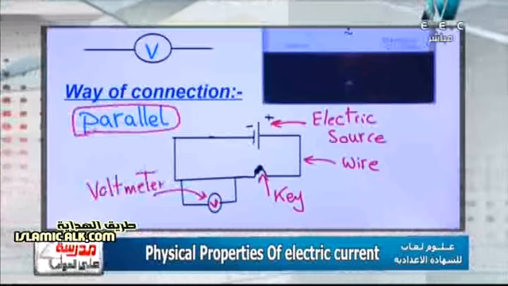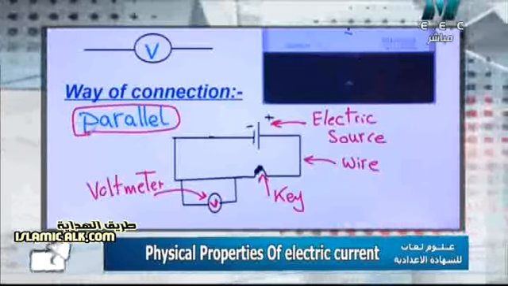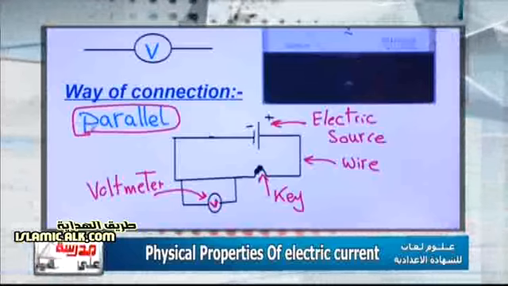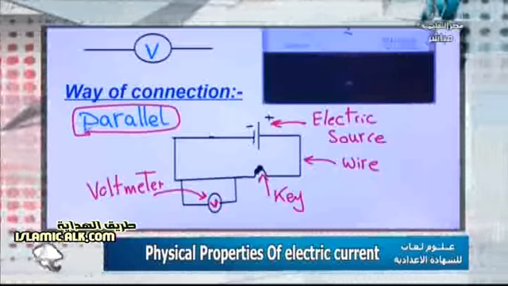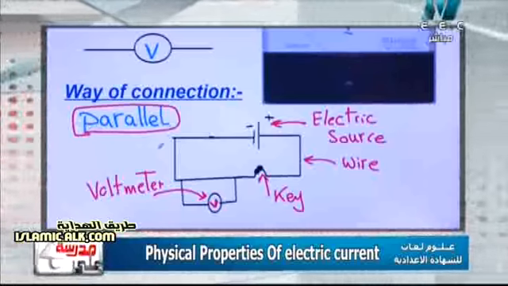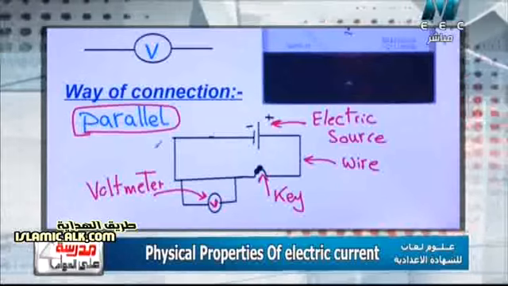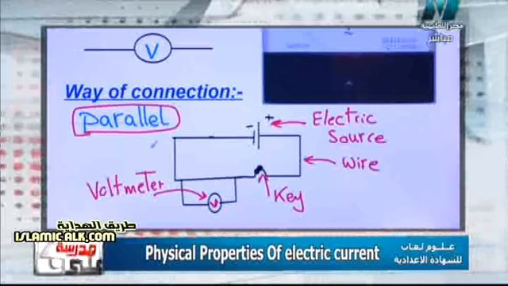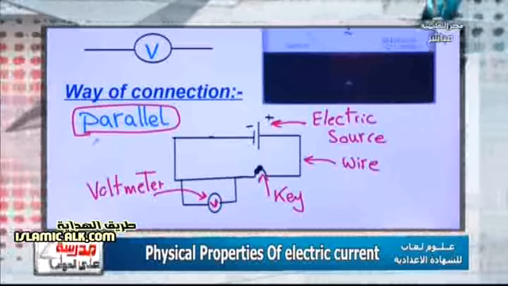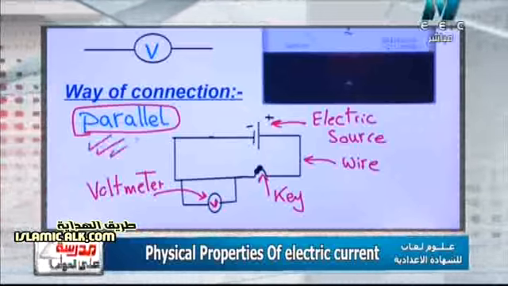We can now differentiate between an ammeter and a voltmeter. An ammeter is used to measure what? The electric current intensity, and its way of connection is series. But now we talk about the voltmeter, which is used to measure the potential difference, and its way of connection is what? Is parallel.